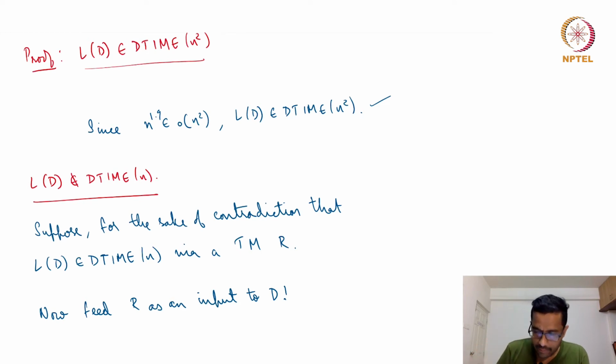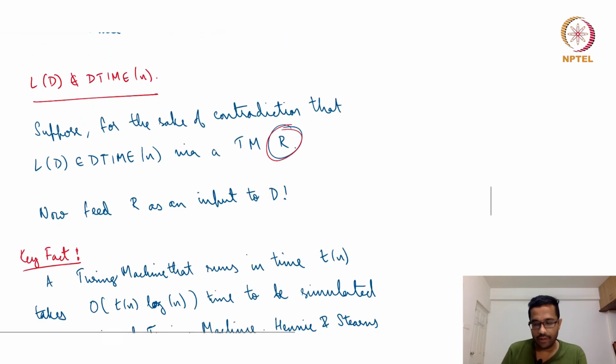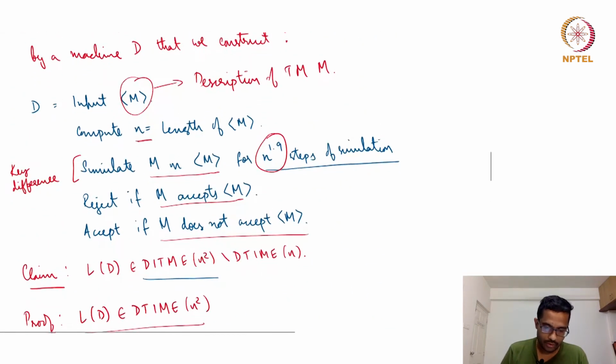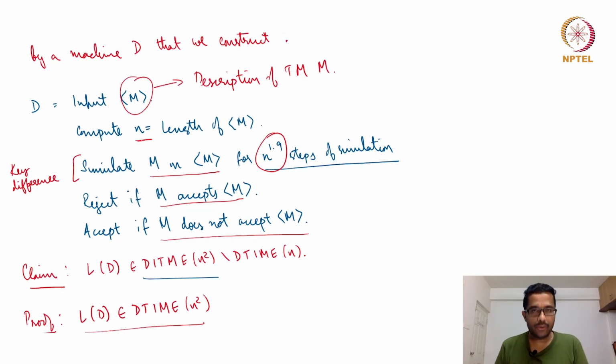Let that Turing machine be called R. R is a decider that decides the language decided by D in order n time. Now let us feed R as an input to the machine D. Earlier we fed D its own description.